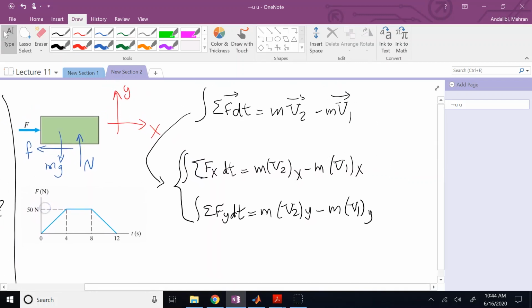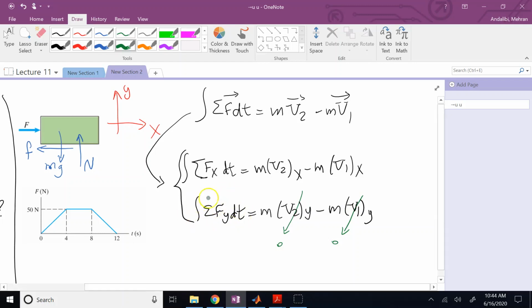In the y direction, what is the summation of the force? It is N minus mg. And we know in the y direction, the object never has any velocity, not before or after you apply F. So both of these velocities are equal to what? Zero. The object is not supposed to move off the flat surface.